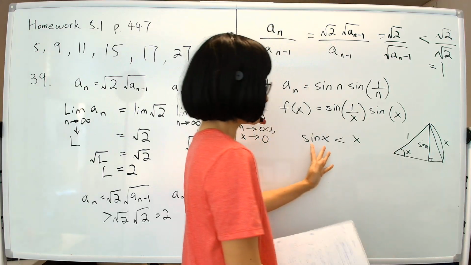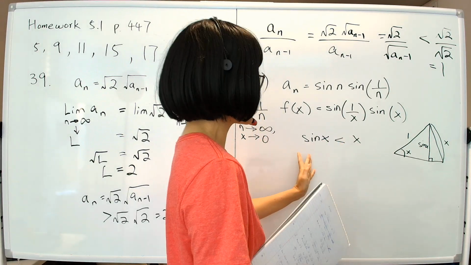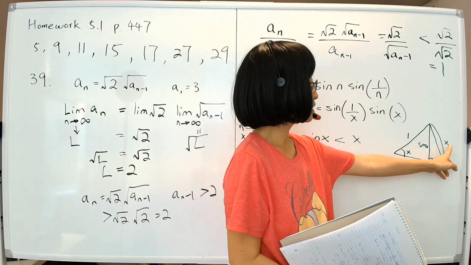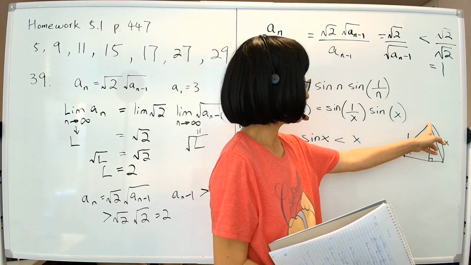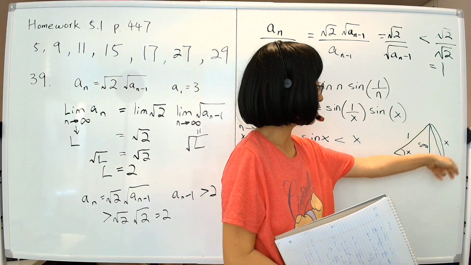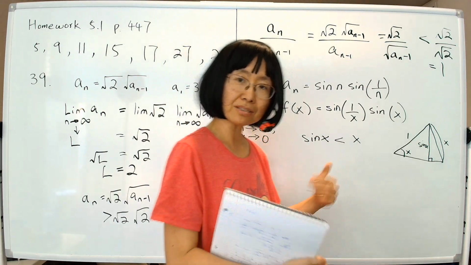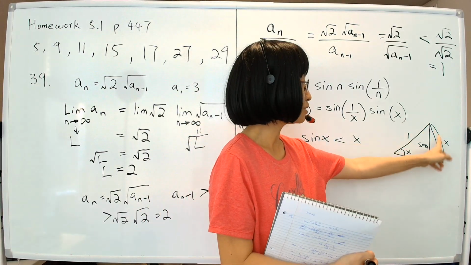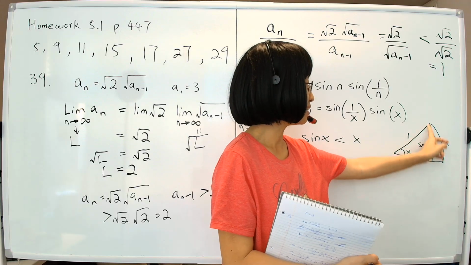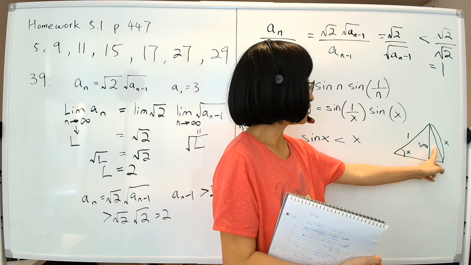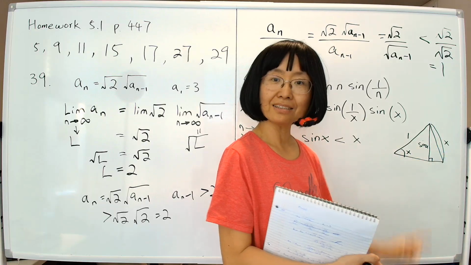Therefore, that's how this relationship is established: sine of x is less than this thing in the middle, which is less than x. The secant is shorter than the arc because of the geometric axiom that says the shortest distance between two points is the straight line, and this is a straight line. That is not a straight line. Therefore, sine of x is less than the hypotenuse, which is less than the arc.